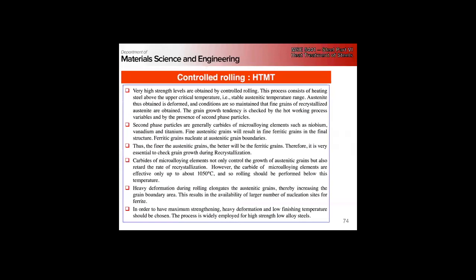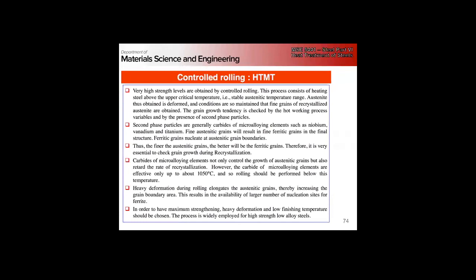So we then talked about how these same alloying elements have another effect if they're there in slightly higher quantities. Controlled rolling depends on repeated dynamic recrystallization. What happens if we don't recrystallize? What's our austenite grain structure going to be if we don't recrystallize?